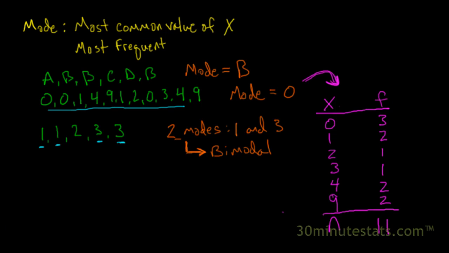And if we want to find the modal value of this variable, the modal category, what we need to do is find the largest frequency. We're looking for the largest frequency here, and so you can see very quickly that we've got 3 right here is the largest frequency.